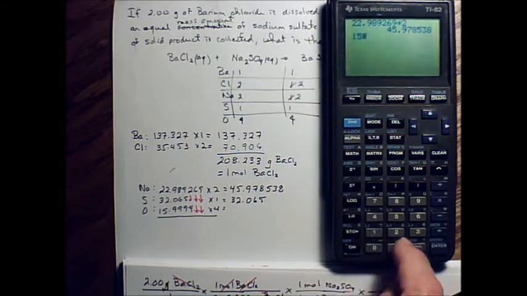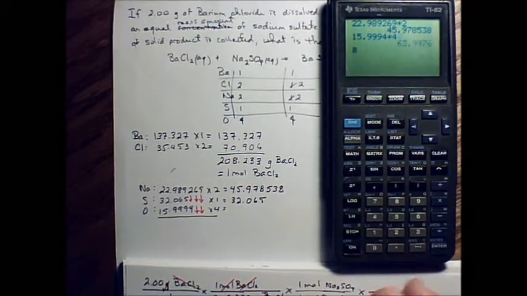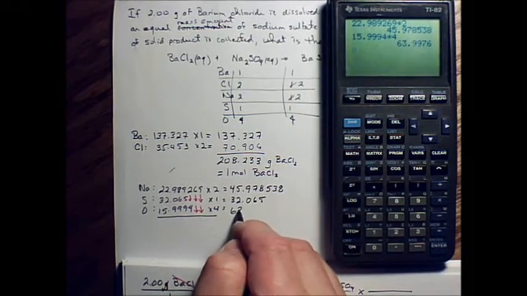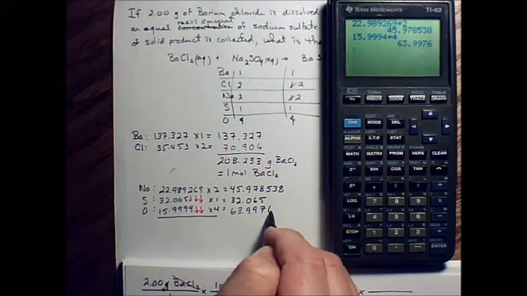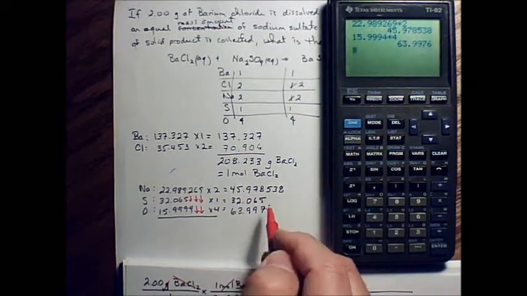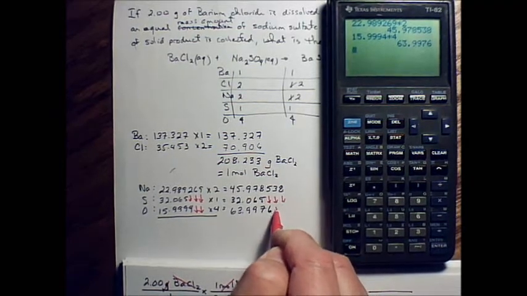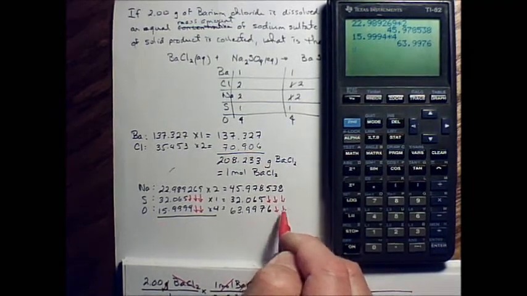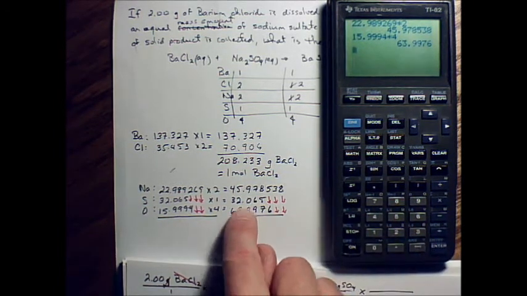And then 15.9994 times 4 is 63.9976. All right, so we still have those empty slots here. I'm using arrows because putting zeros there would indicate a degree of precision that does not exist. And in science, we care about things like precision. So now we want to add all these numbers up.